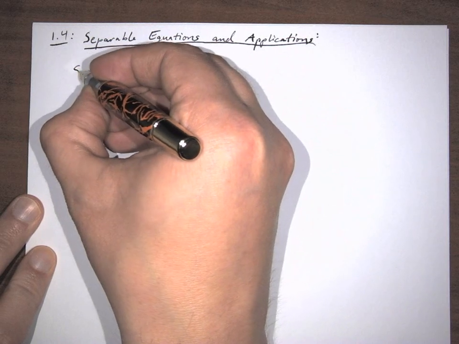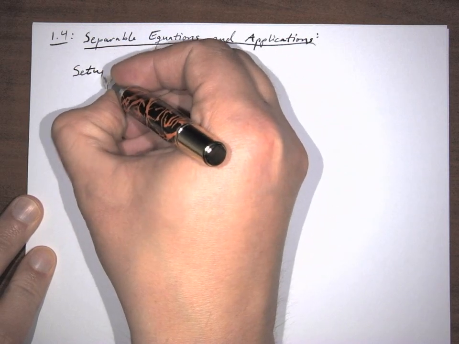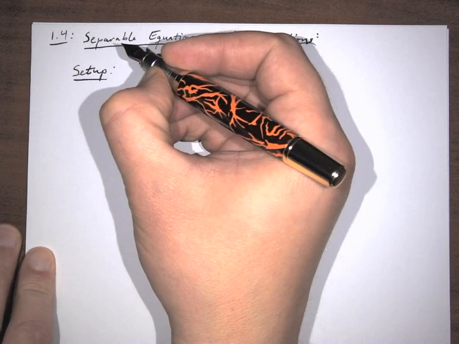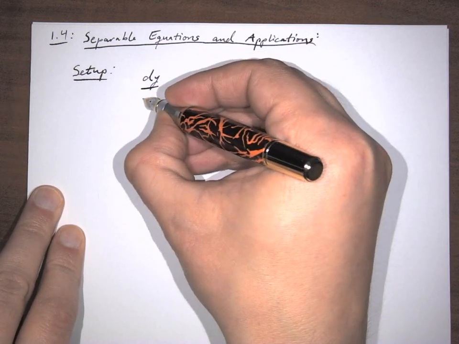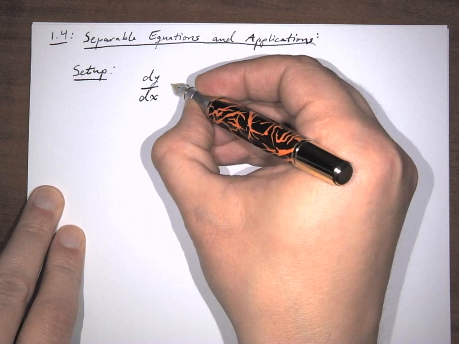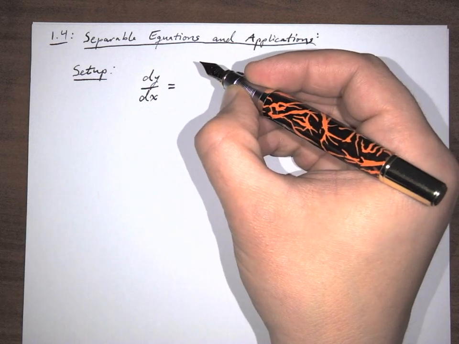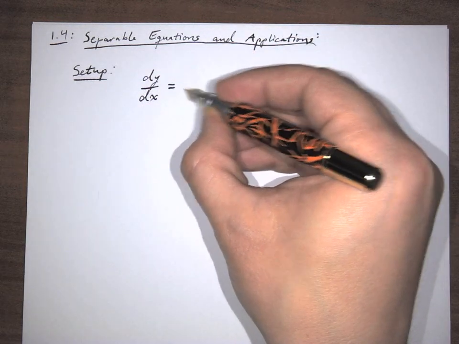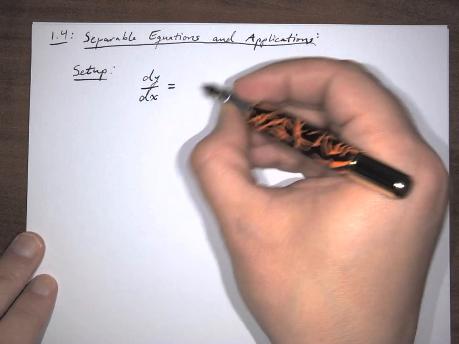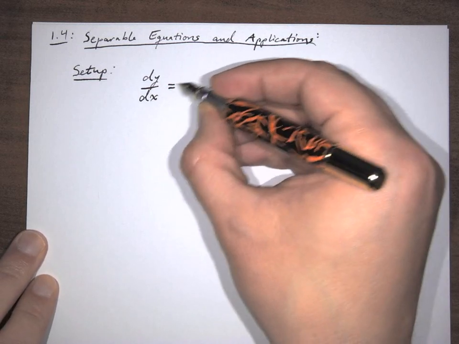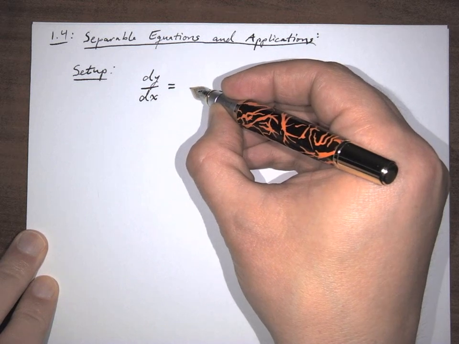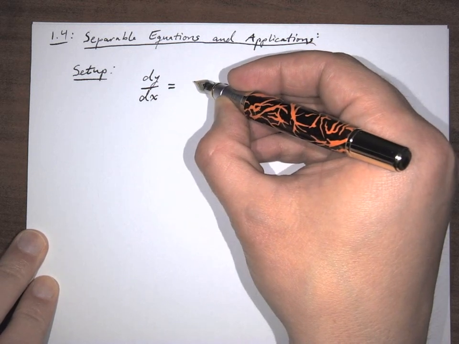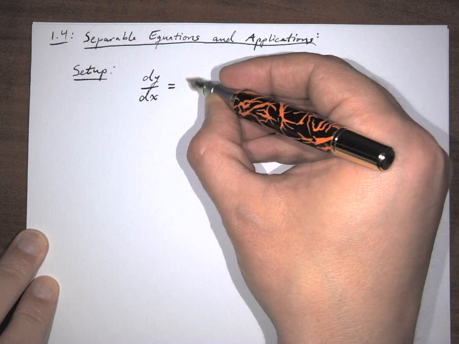Alright, so here's the basic setup. The basic setup is if we are going to have dy/dx equal to some expression that involves just x's and y's over here, we want this to be something that we can actually break into two factors, which will be just the x factor and the y factor.